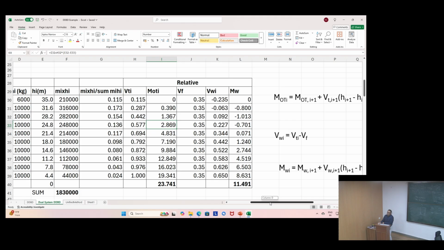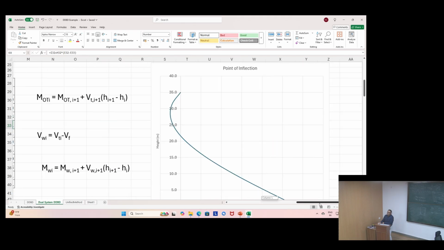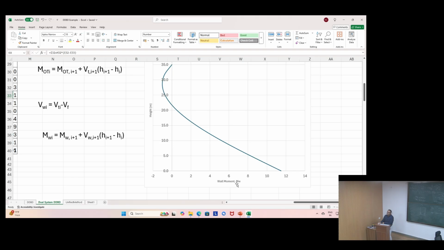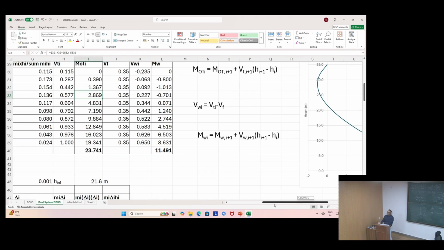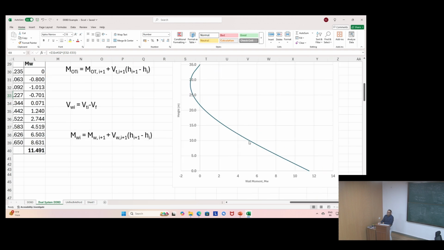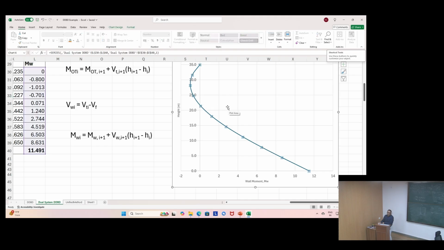You can do it mathematically, but you can then also plot. What you can plot is wall moment, MW, over height of the wall, or height of the building. And from there, you can figure out where the point of height of inflection is.